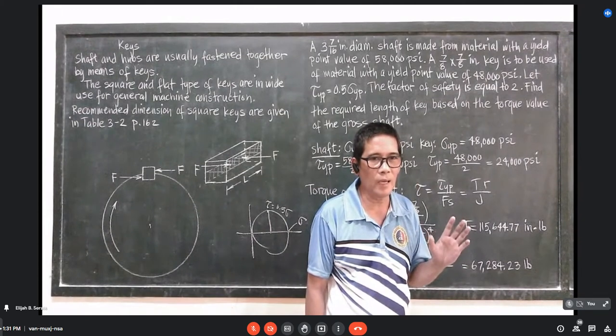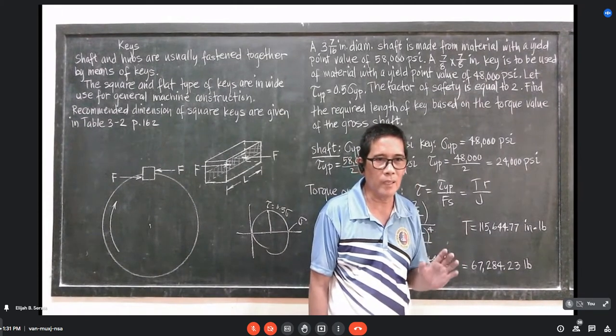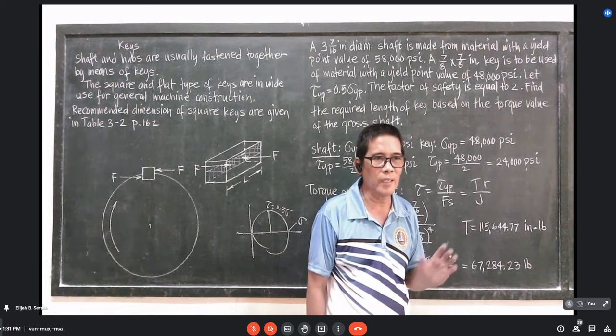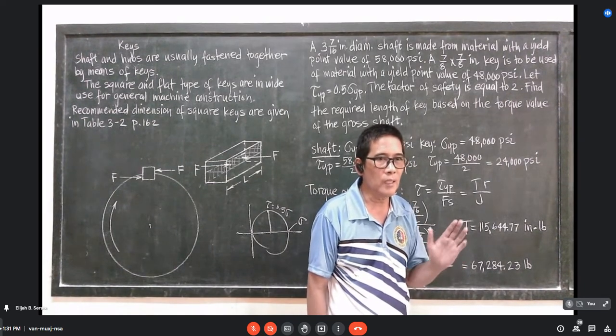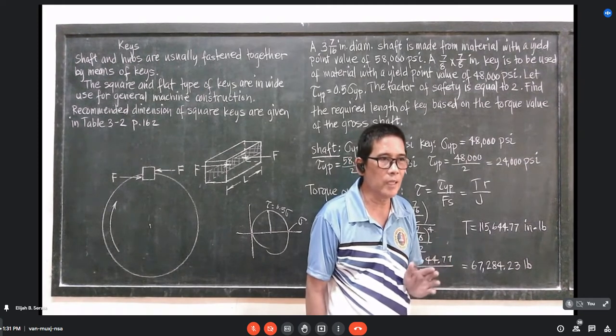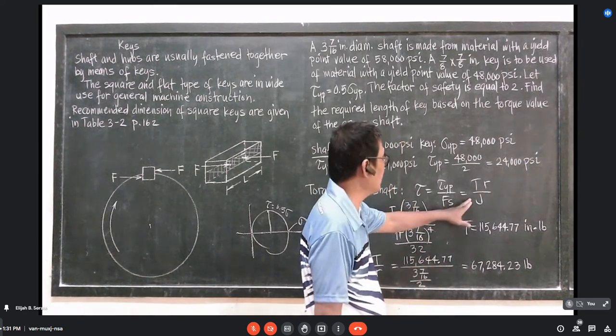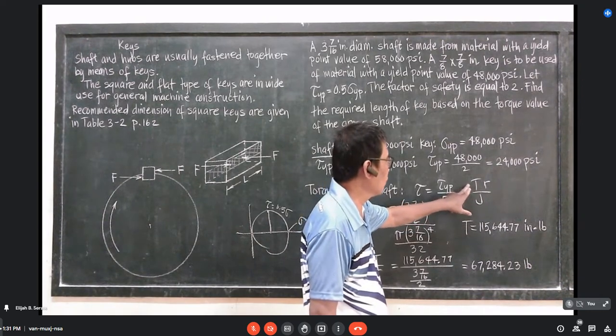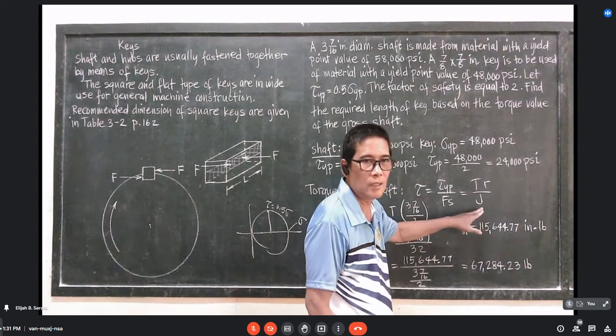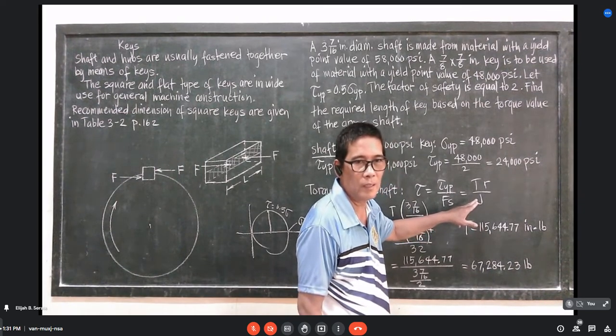It is similar to MC over I. MC over I is bending or flexure stress. Torque is TR over J. Okay, TR over J. So we can get torque from here. However, we already know R, and J is pi d to the 4th over 32.